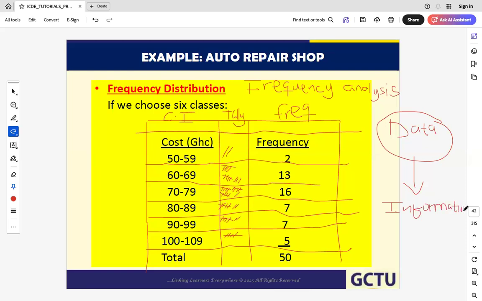And then once our information is done, we don't stop there. We go ahead and make a useful decision from the information we have acquired.